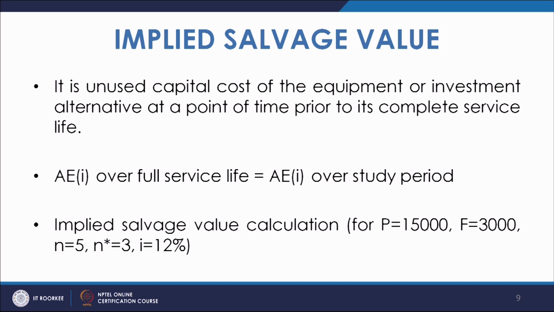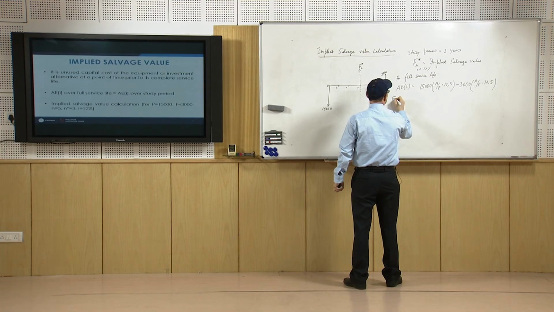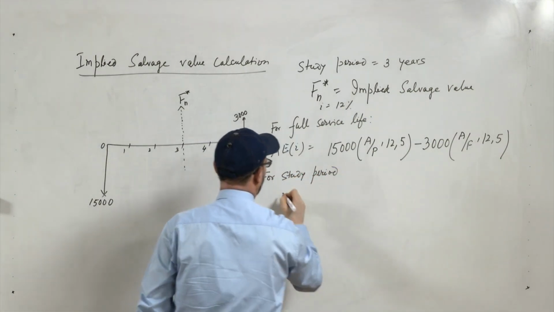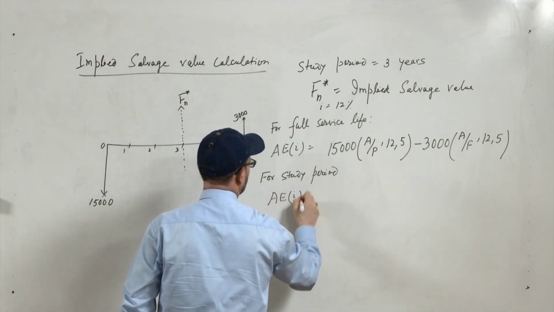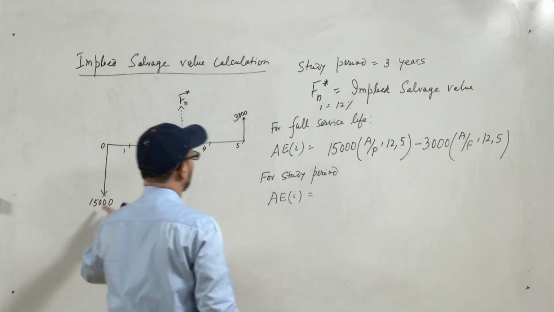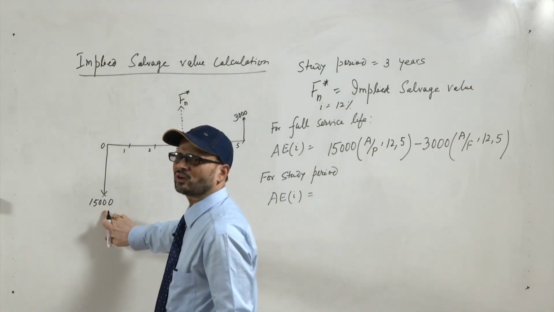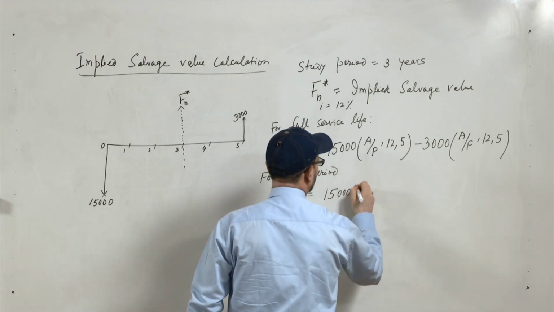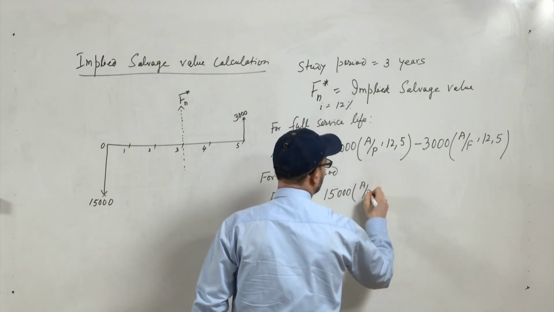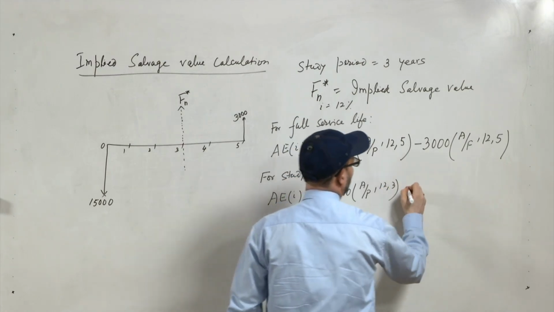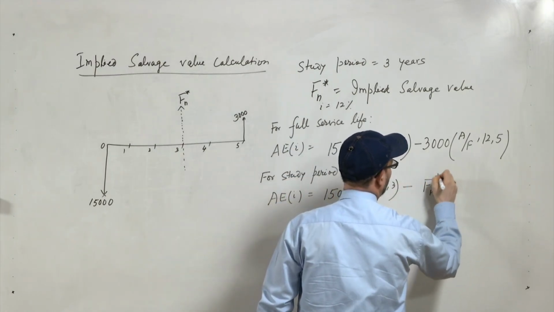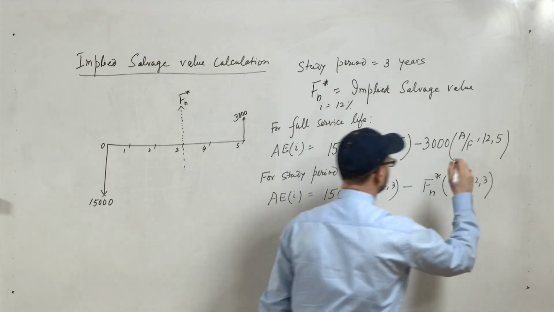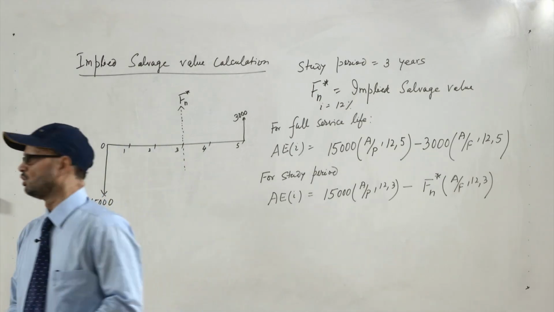Now, if you are taking the study period, the first cost is the same, but now your n becomes 3. So, it should be 15,000 A by P, 12%, 3 years, minus Fn star A by F, 12%, 3 years.